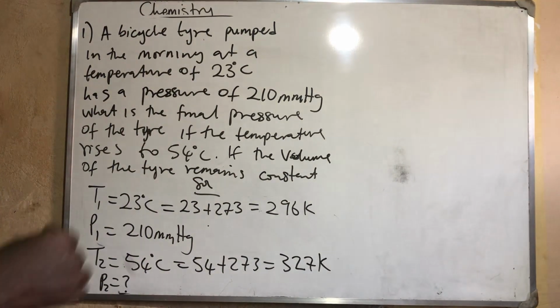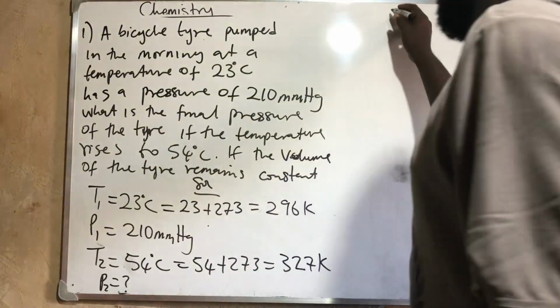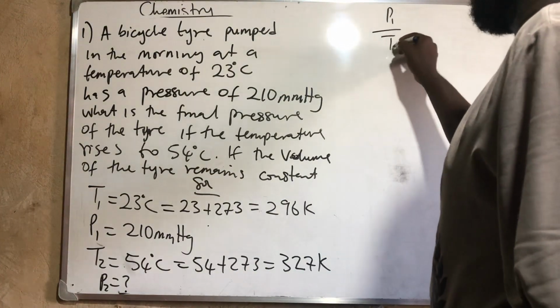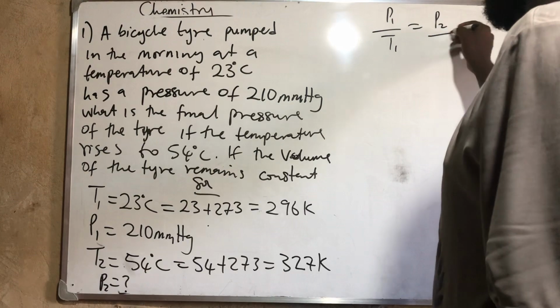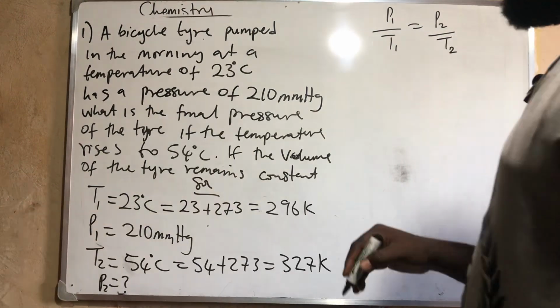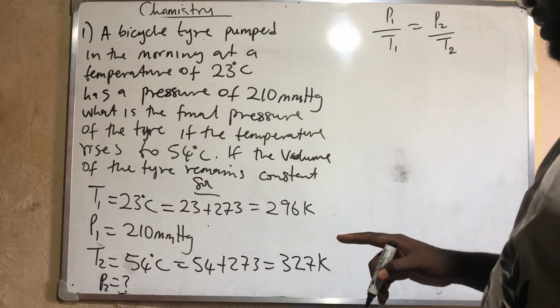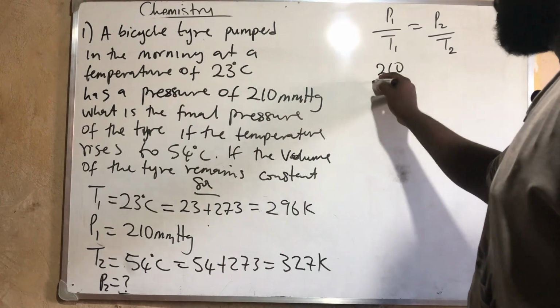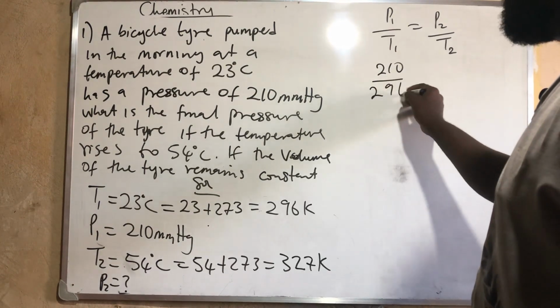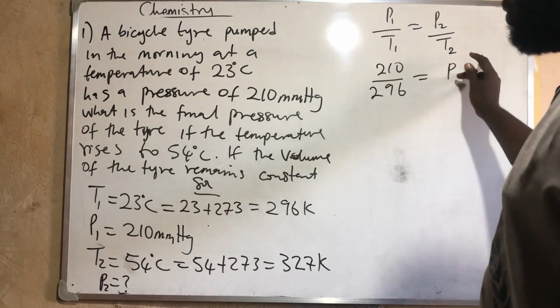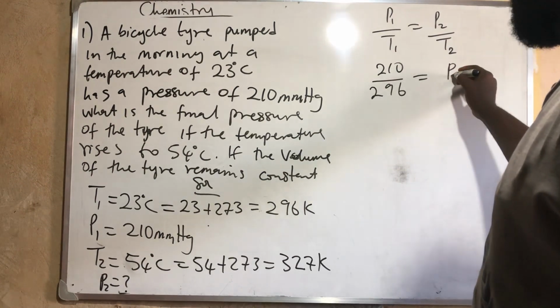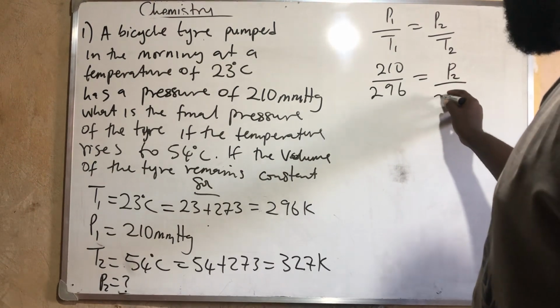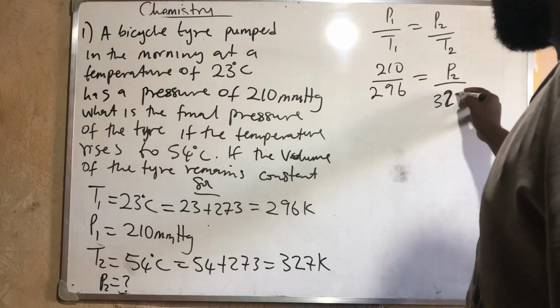P2 is unknown. We know our formula says that P1 over T1 is equal to P2 over T2. So my P1 is 210 over 296 is equal to my P2, which is unknown, over 327.